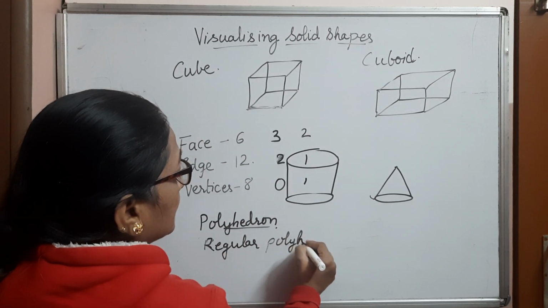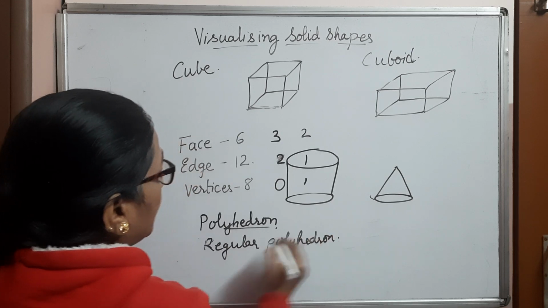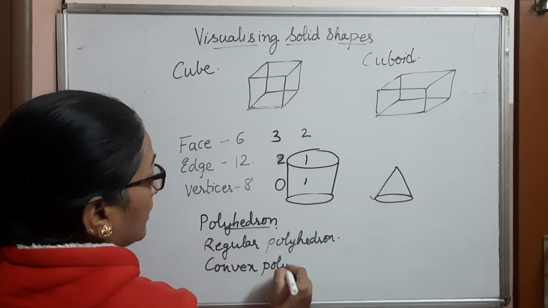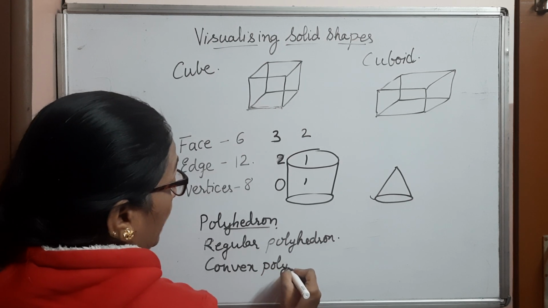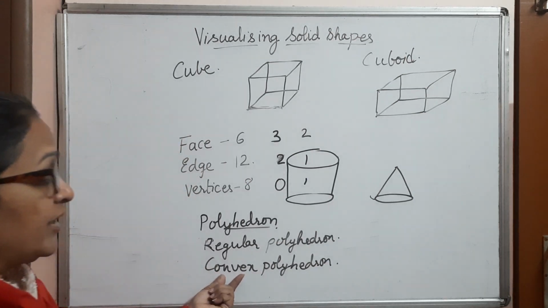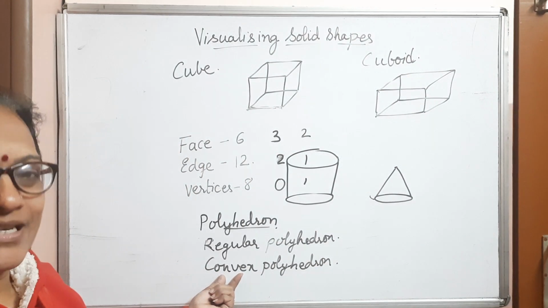Now what is a convex polyhedron? You all remember the terms convex polygons and concave polygons. As the term indicates, convex means less.